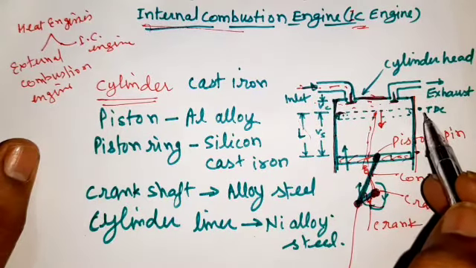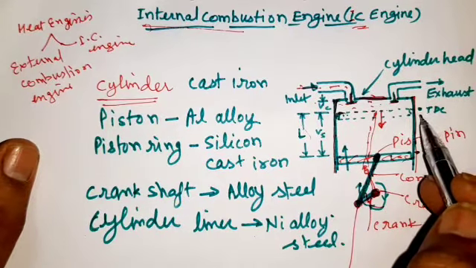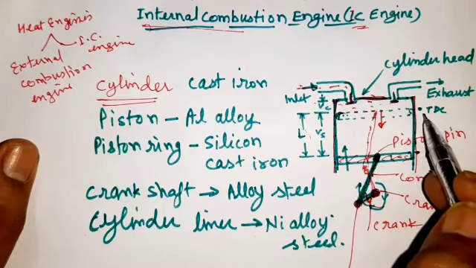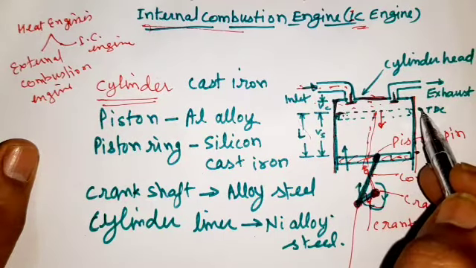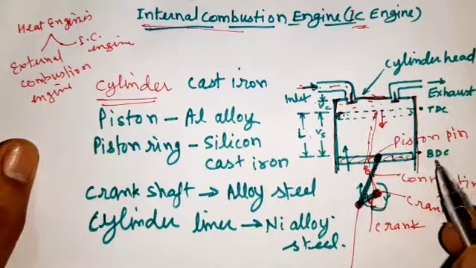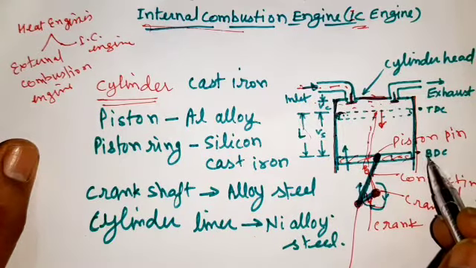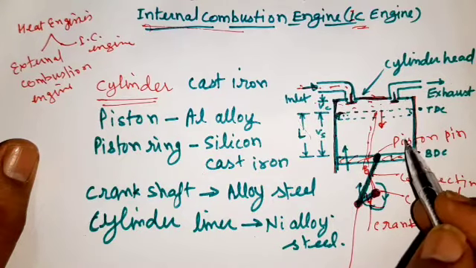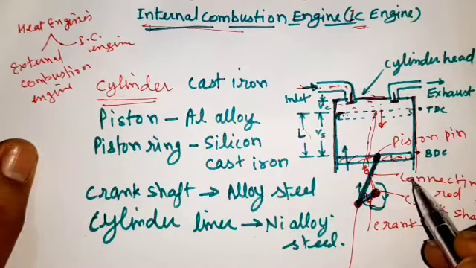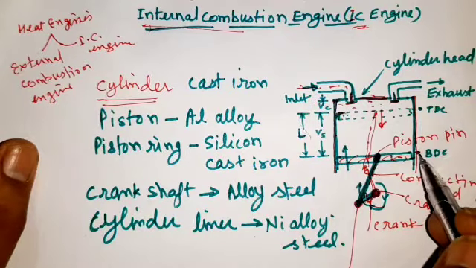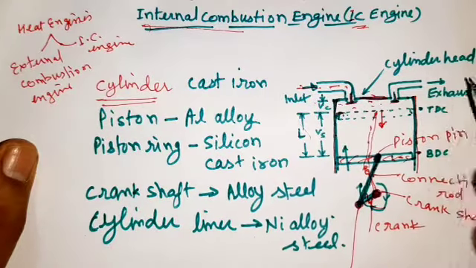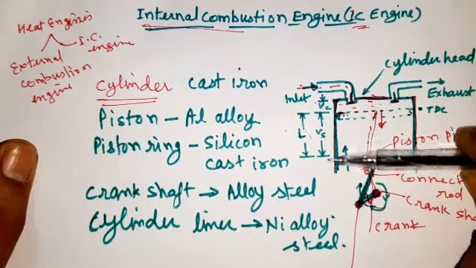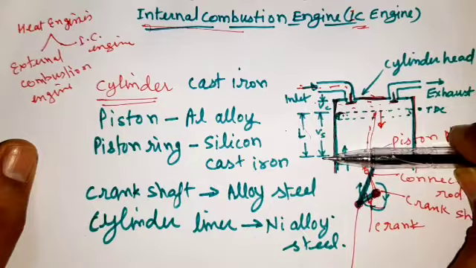It is the maximum limit of travel in the upward direction, the dead position in the top direction, and this is the bottom dead center, the last position of the piston in the downward direction. The piston moves between BDC and TDC, TDC and BDC, again and again.